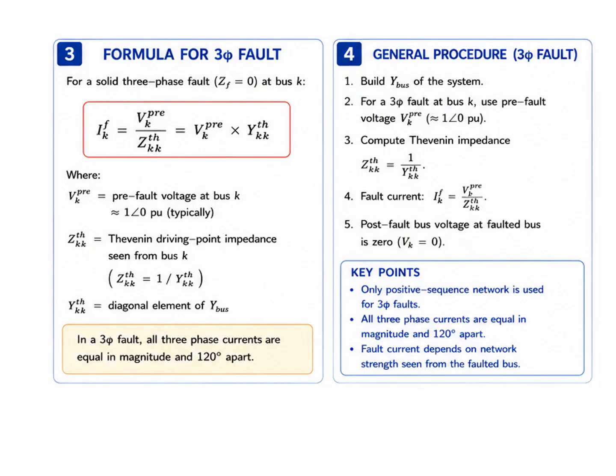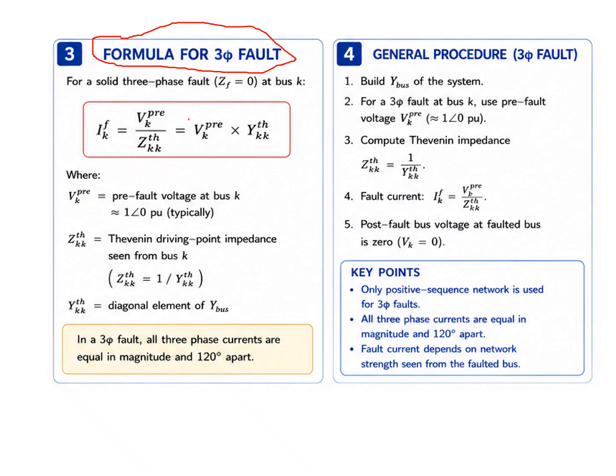So the general formula to calculate the magnitude of the current under a faulty condition is this equation: I fault is equal to the pre-fault magnitude of voltage at the place where the fault occurred divided by the driving point impedance at that place.